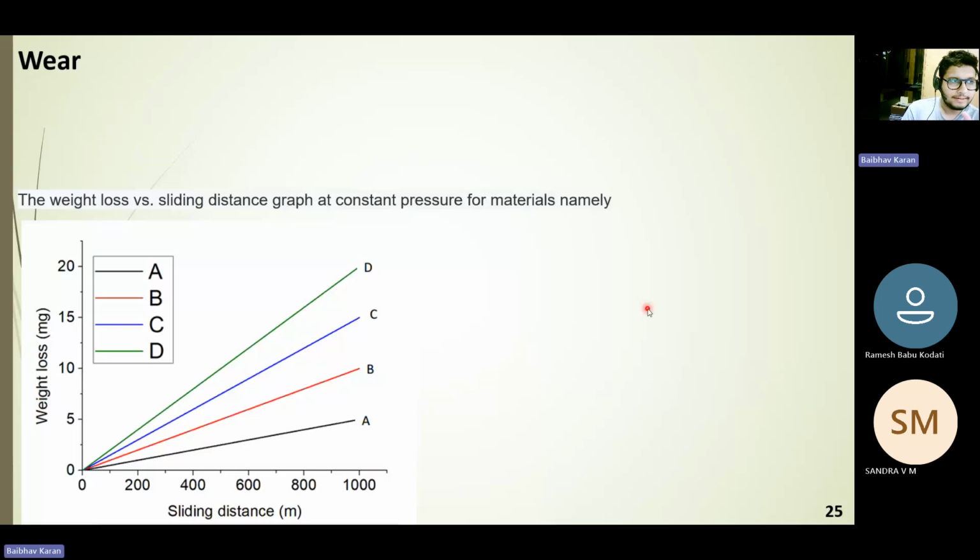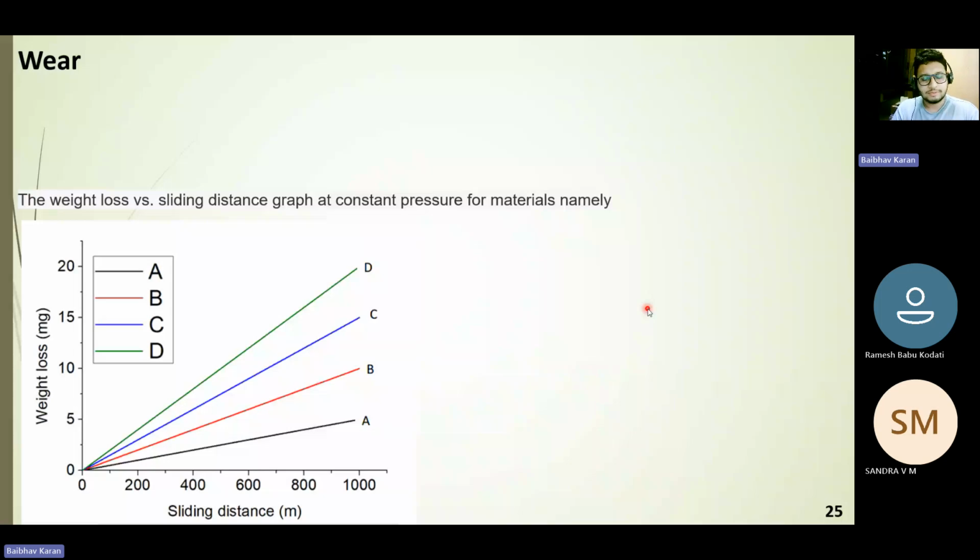For a wear test, if you want to know the wear of a material, you cannot just keep on continuously wearing it down and wait for one or two years to see the results. So we need a method which will give us the wear rate way before the application.